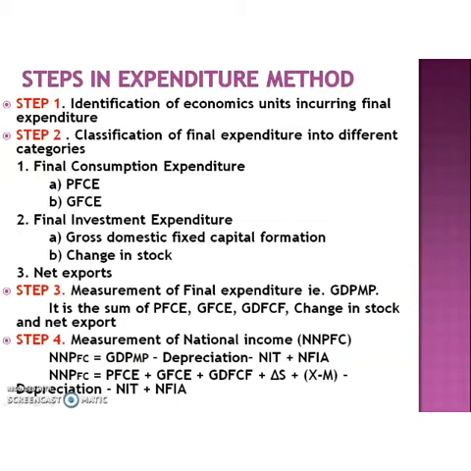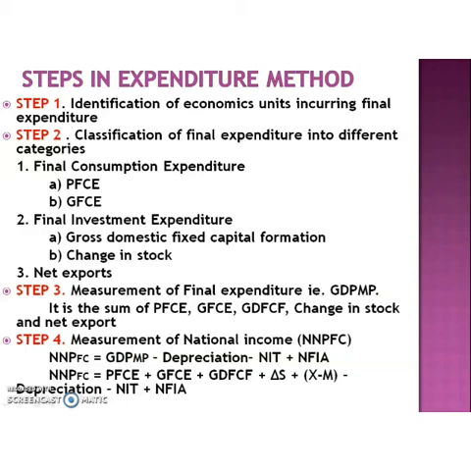Or we can write NNP-FC as follows. What is GDP-MP in expenditure method? The sum of private final consumption expenditure, government final consumption expenditure, gross domestic fixed capital formation and change in stock, and also net export. From this GDP-MP, deduct depreciation and NIT and add NFIA, and we will get NNP-FC.